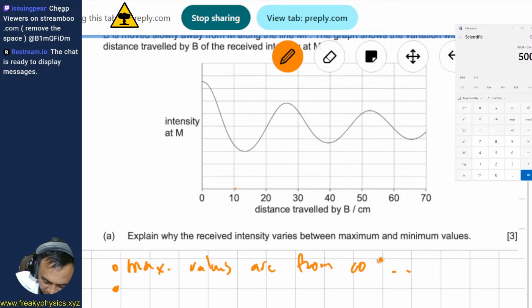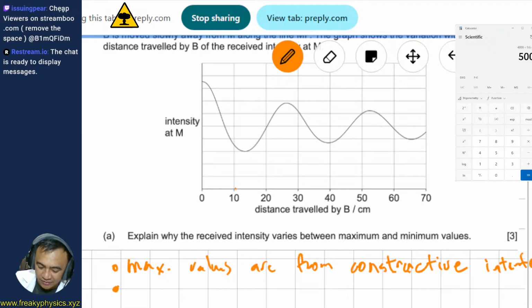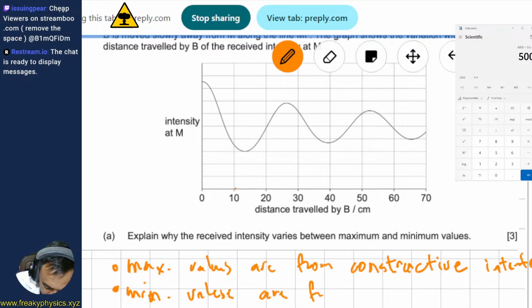You can add more detail afterwards, but for now, constructive interference. Then the second mark is for saying the minimum values are from destructive interference, and so on.